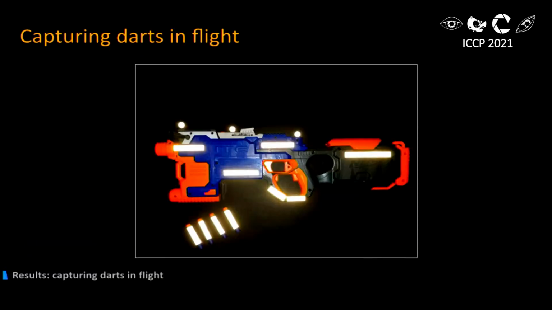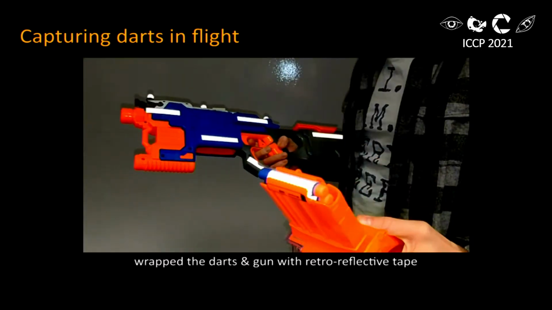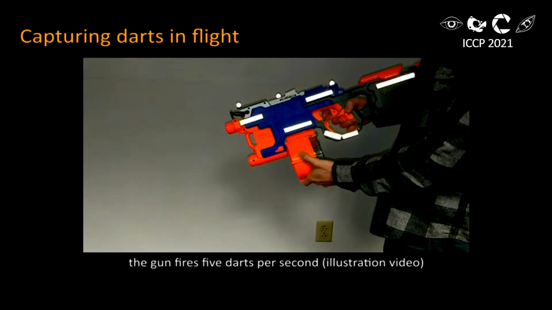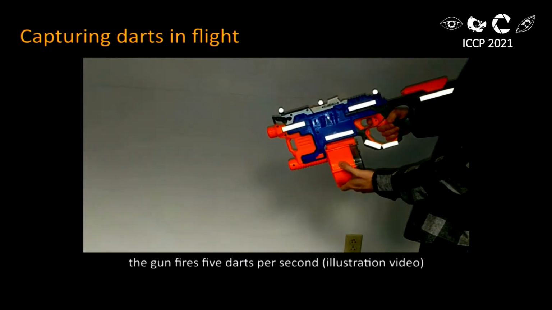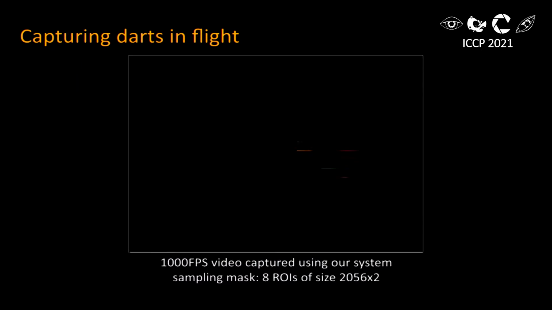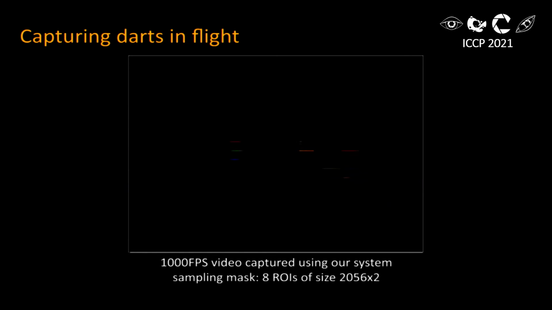In this experiment, we fitted a toy gun and its darts with retroreflective markers. The gun can fire at a fast rate of 5 darts per second. Our camera is configured to output only the yellow arrow eyes, and thus we are able to capture a video of the firing gun at 1000 frames per second using a 120 FPS camera.